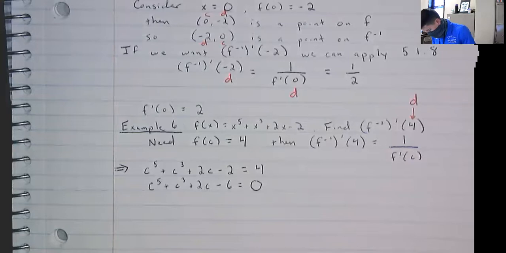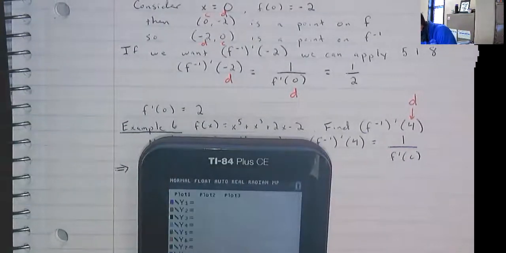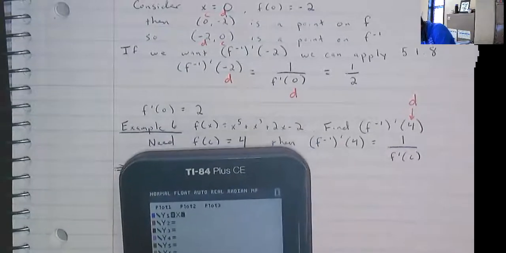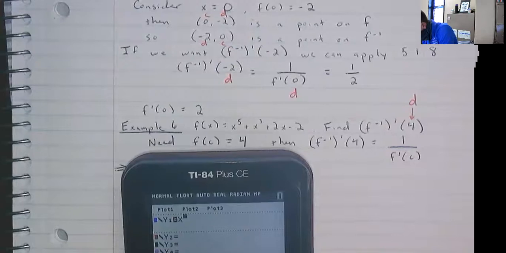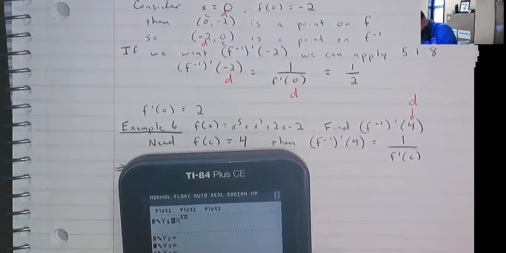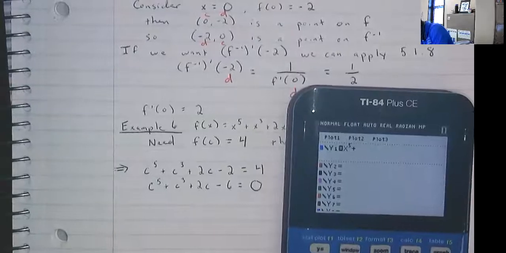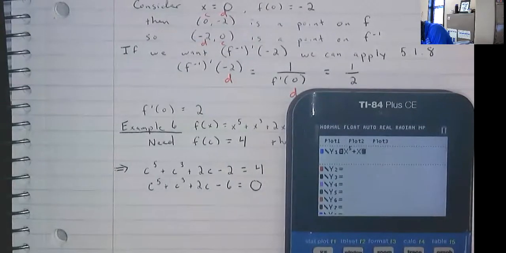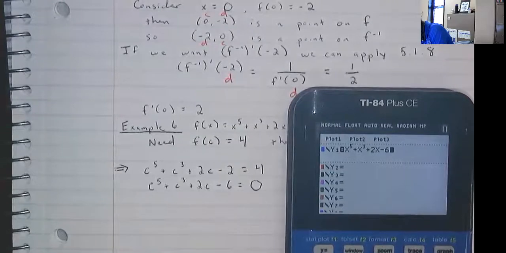So, let's see, y equals x to the 5th, where am I? Plus x to the 3rd, plus 2x minus 6.